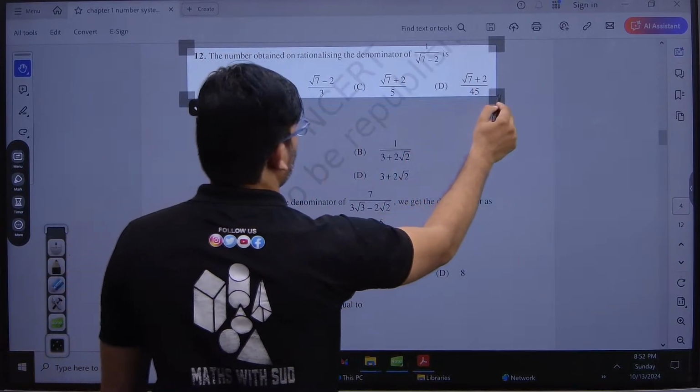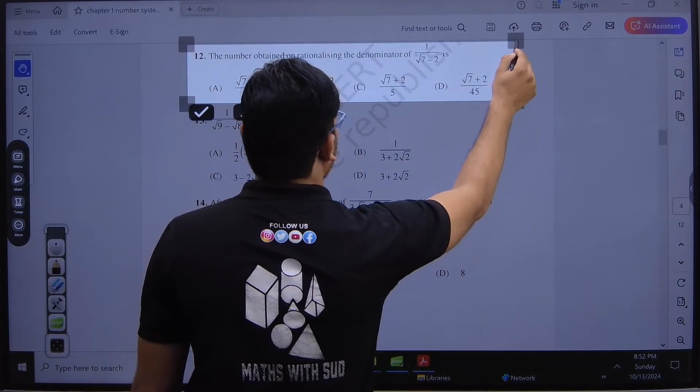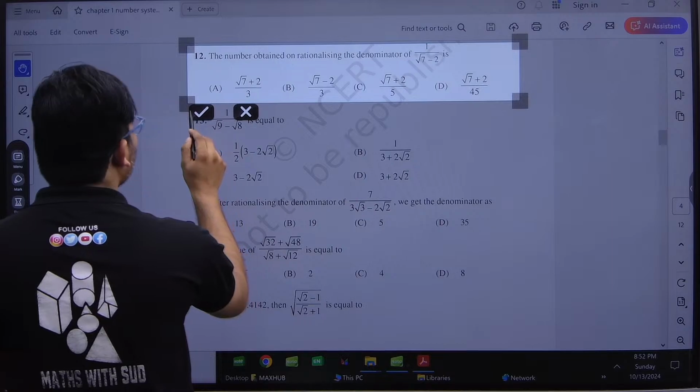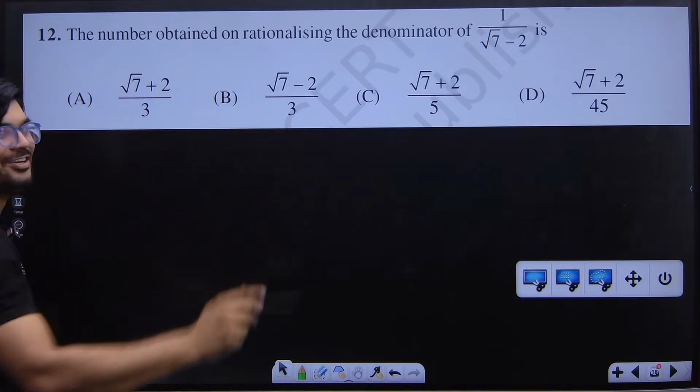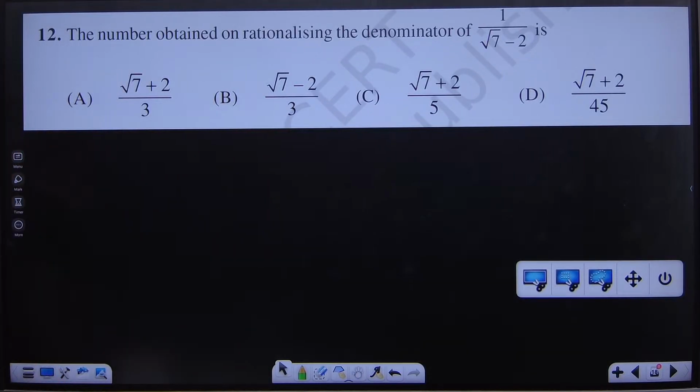The number obtained after rationalizing the denominator. Now here is a beautiful question for you. Do it. Wow, okay, I actually have to solve this one.